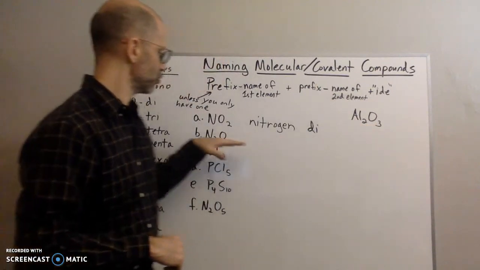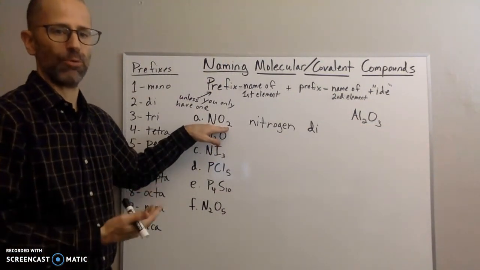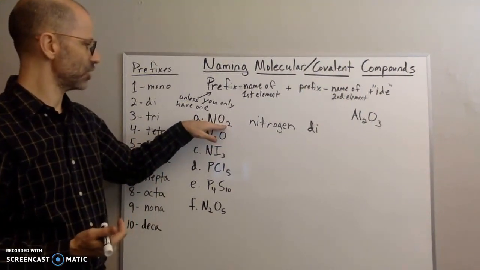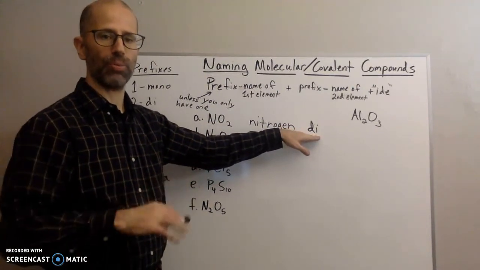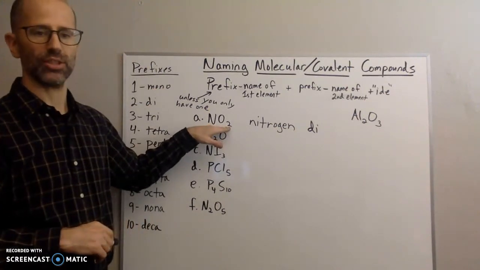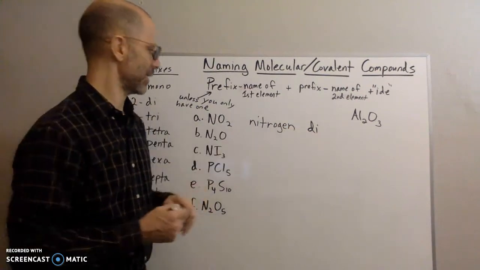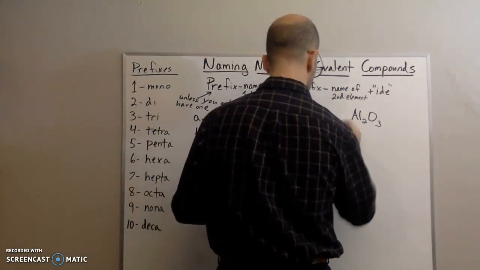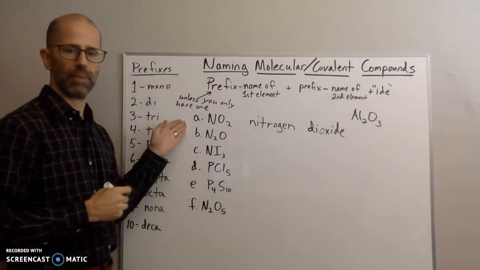So when it comes to naming, I'm going to name it like I would an ion. Here it's oxygen, but this time, instead of having no prefix, I'm going to have a prefix to indicate the number of oxygens I have. So I'm going to name this dioxide. So that's the name of this molecular compound here.